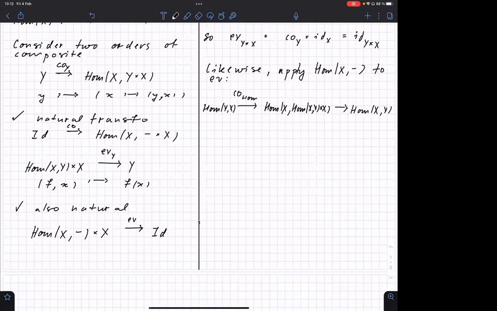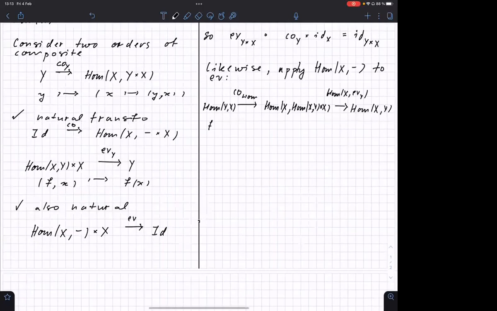And this over here would be the Hom applied to the evaluation on y. And let's compute the composite. So if I have a map, sorry, this was X into Y, not Y into X.